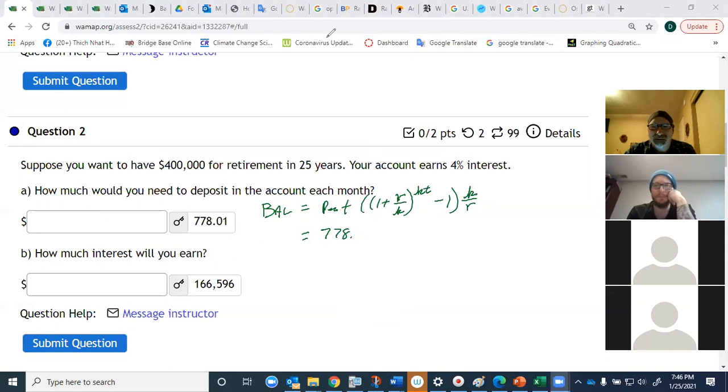So the balance we want to be 400,000 and our payment is unknown. This is what we're looking for.